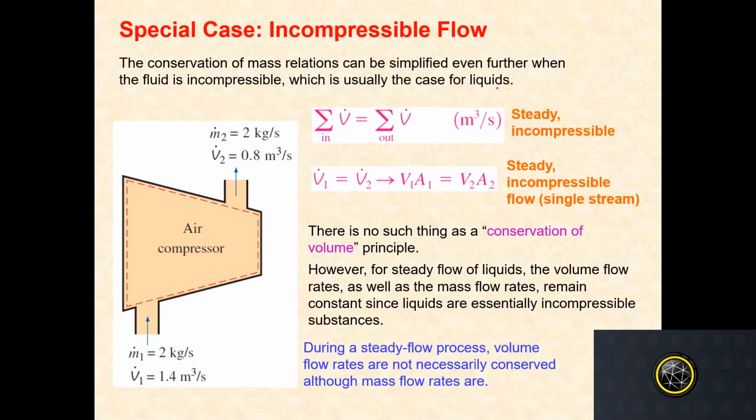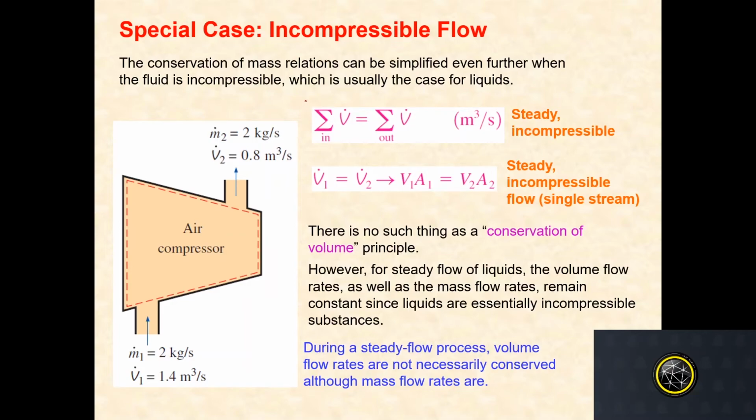Fluids can be either gas or liquids, and gas is highly compressible, can be compressed easily, but compared to that, liquid is quite hard to compress. So that's why incompressible flow usually applies to liquid flow instead of gas flow.